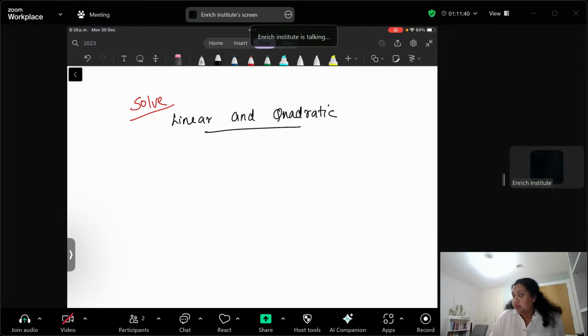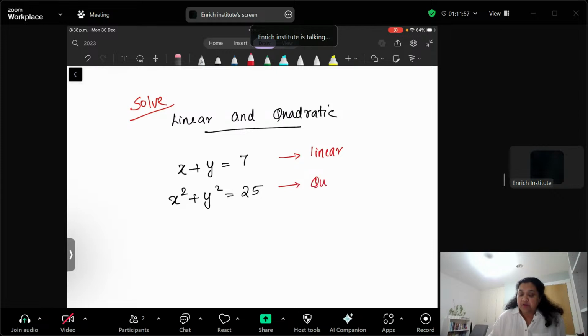Suppose I have a simultaneous equation, x plus y is equal to 7, x square plus y square is equal to 25. Whenever you see this, you have to remember this is a linear equation and this is a quadratic equation.